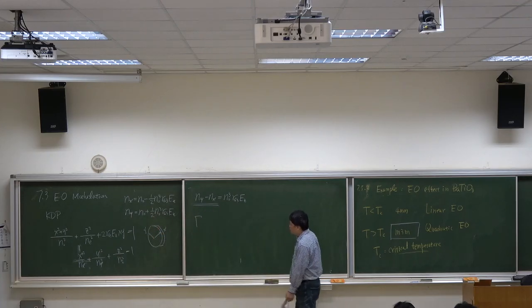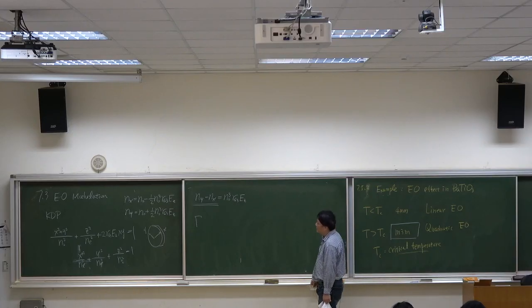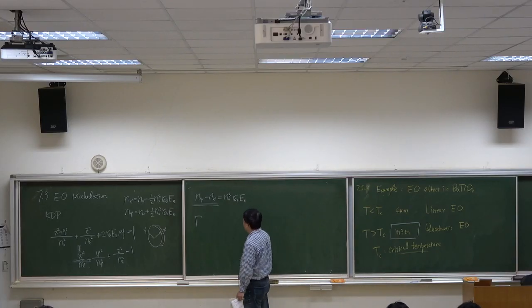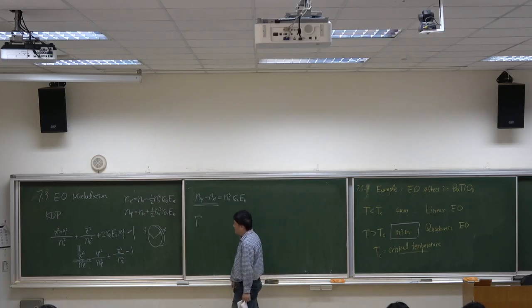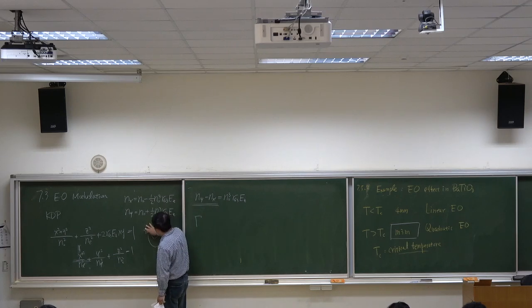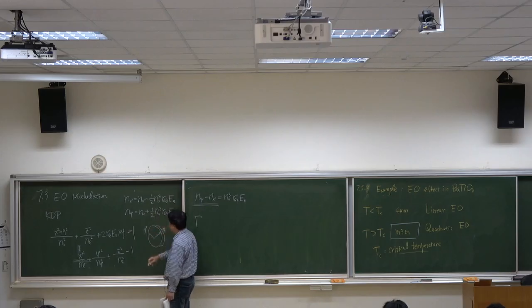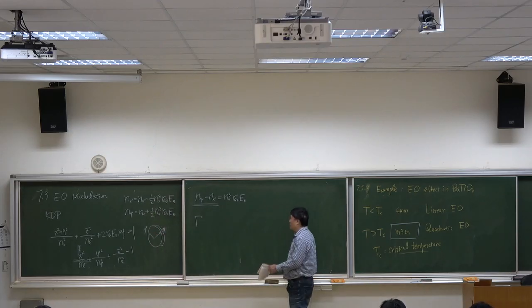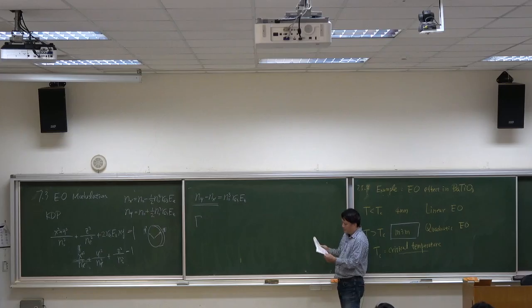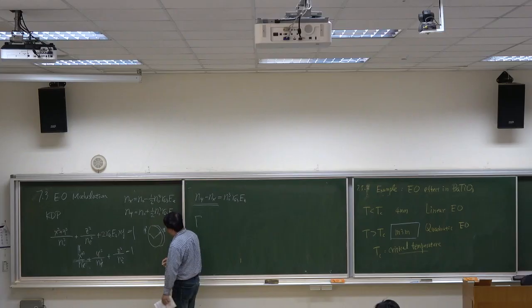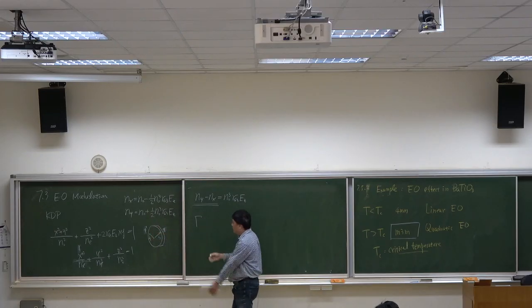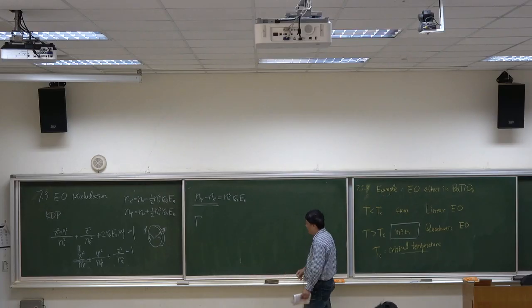Then we can treat y prime as the slow axis and x prime as the fast axis, and we can use this as a wave plate.